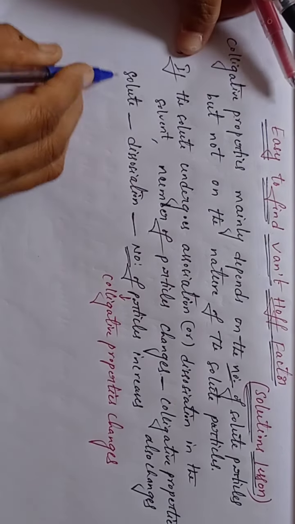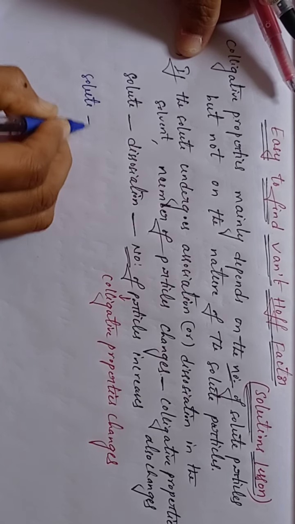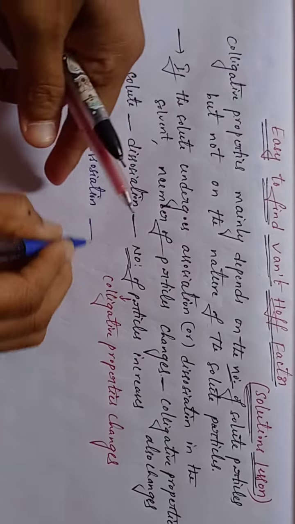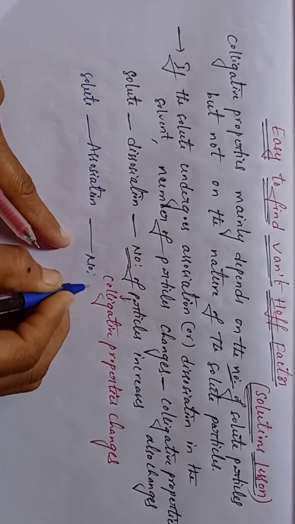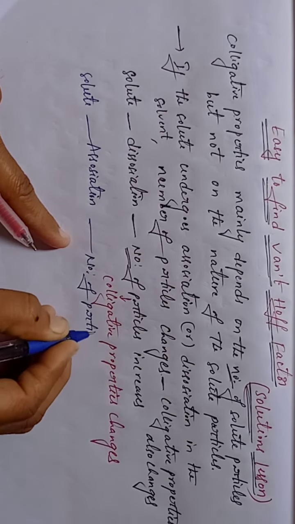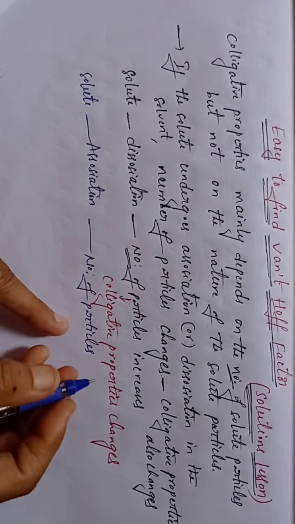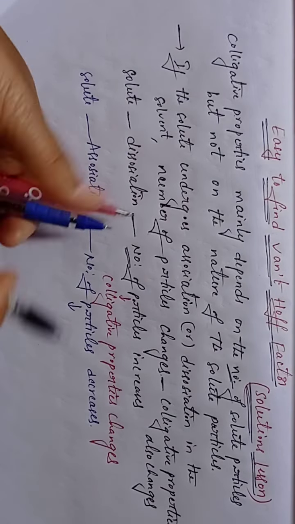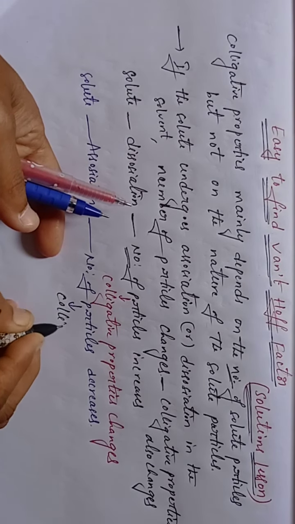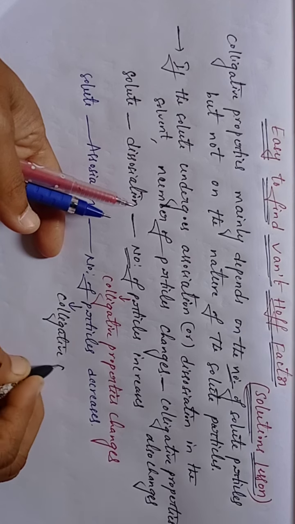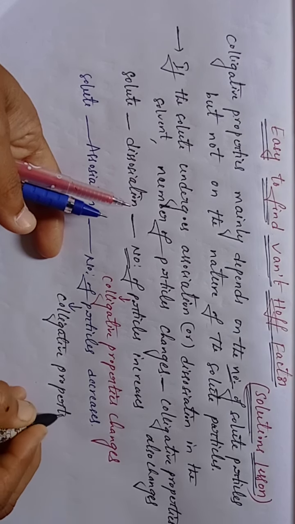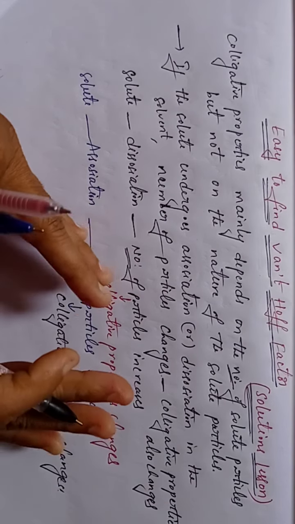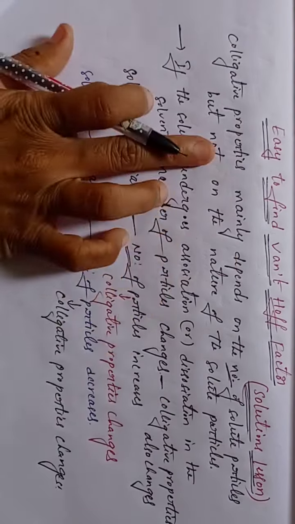If the solute undergoes association, the number of particles decreases, hence colligative properties change. Understood?